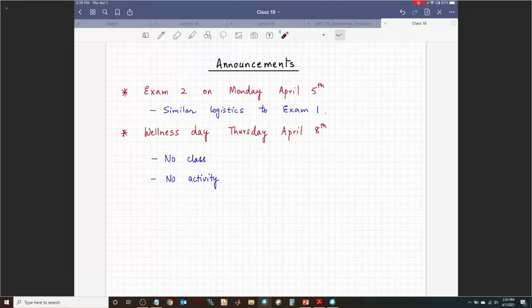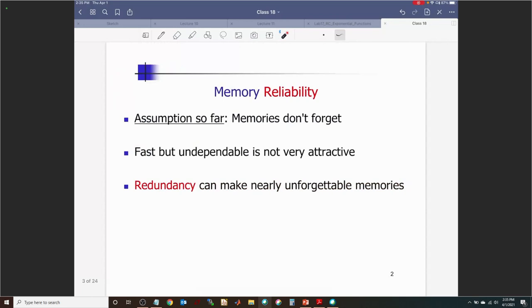We will start with memory reliability, right? So, how reliable is our memory? We said our memory is going to have multiple layers: the topmost layer is our cache, the second layer is the physical memory, the RAM, and then way down we have the hard disk or even the server.